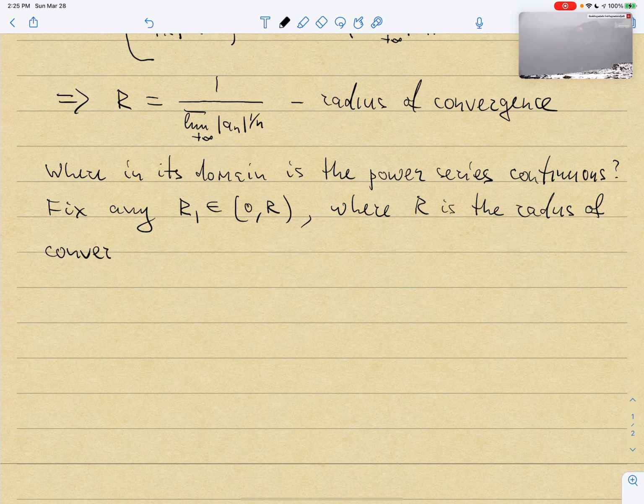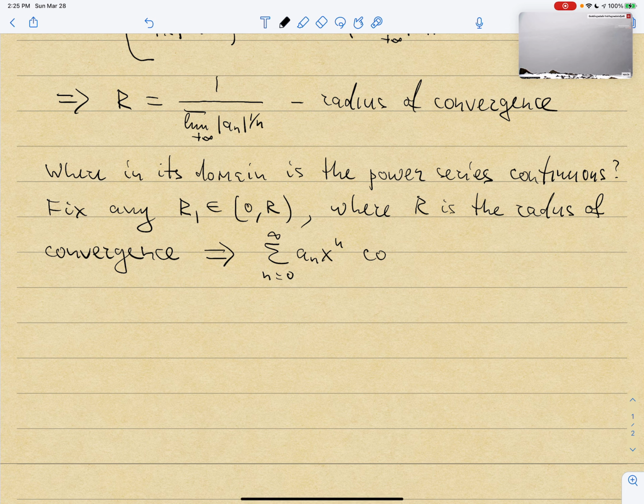So then clearly the series sum n from 0 to infinity of a_n x to the power n converges at R1, because R1 is within the interval of convergence.